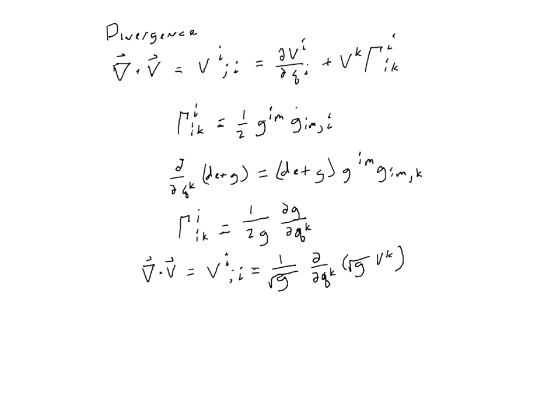So, in other words, you can basically just use the determinant of your metric in order to calculate your divergence.